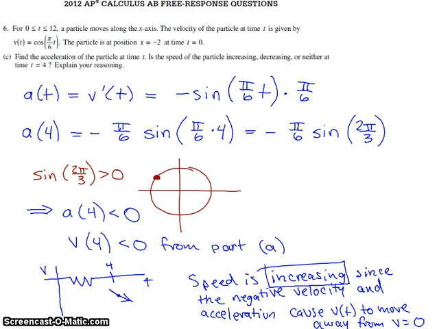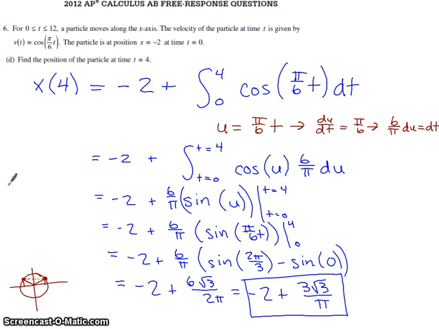And then the last part of this, part D, wants us to find the position of the particle at t equals 4. So the position of the particle at t equals 4 is going to have to take into account where we started at a position of -2, plus how much the position has changed from 0 to 4. So if we integrate the rate of change of position, which velocity is, from 0 to 4, we're going to have our result.